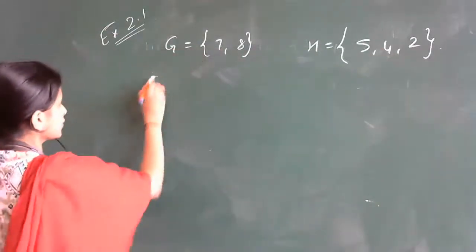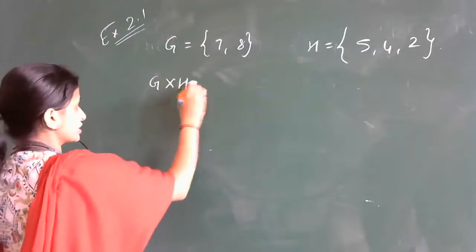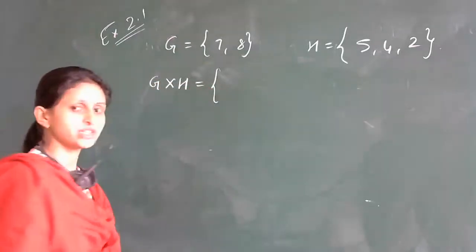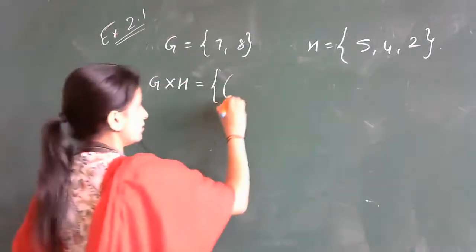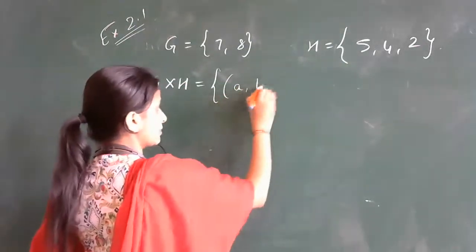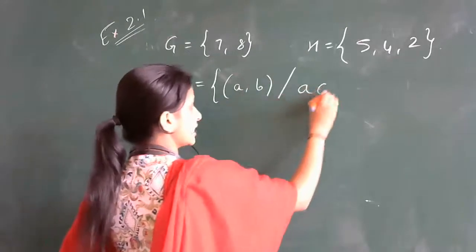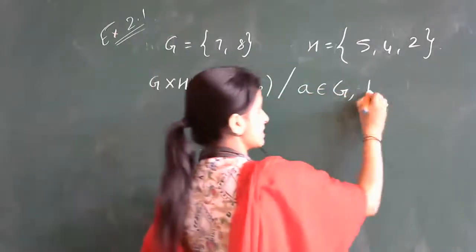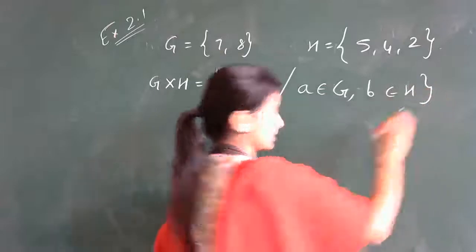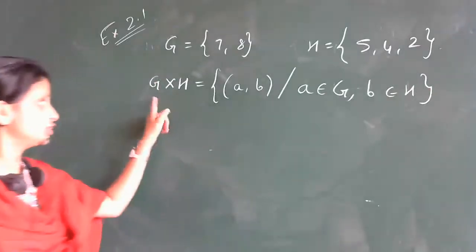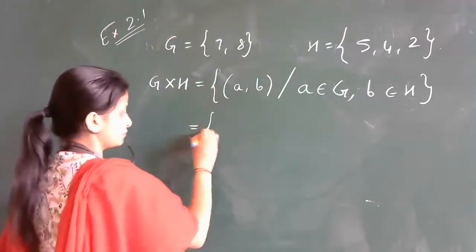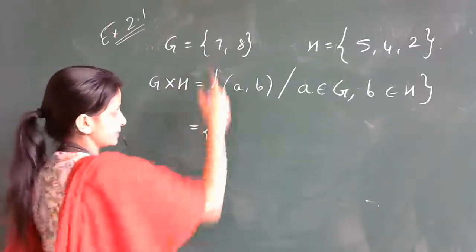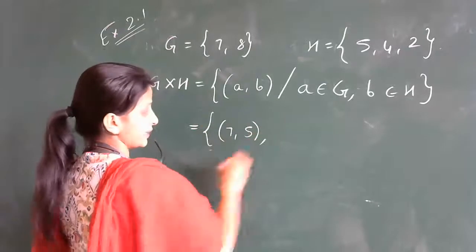Okay. So first of all, let us find what is G cross H. So in G cross H, all the elements, how will they look, students? They will be of the form (a, b), where first element should belong to first set and second element should belong to second set. This is the mathematical definition of G cross H. Right? So let us find those elements now. First ordered pair (7, 5).